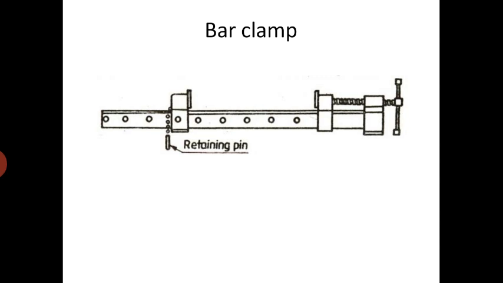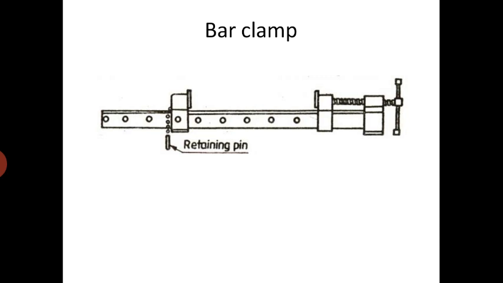The workpieces which are difficult to hold in the carpenter's vice are fixed in the bar clamp. These are also called sash clamps. These are not permanently fixed, so bar clamps can be placed at any location.